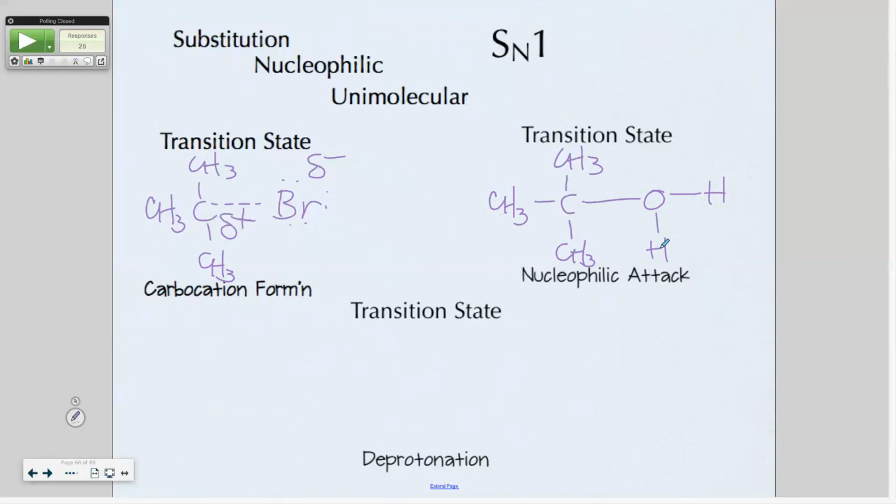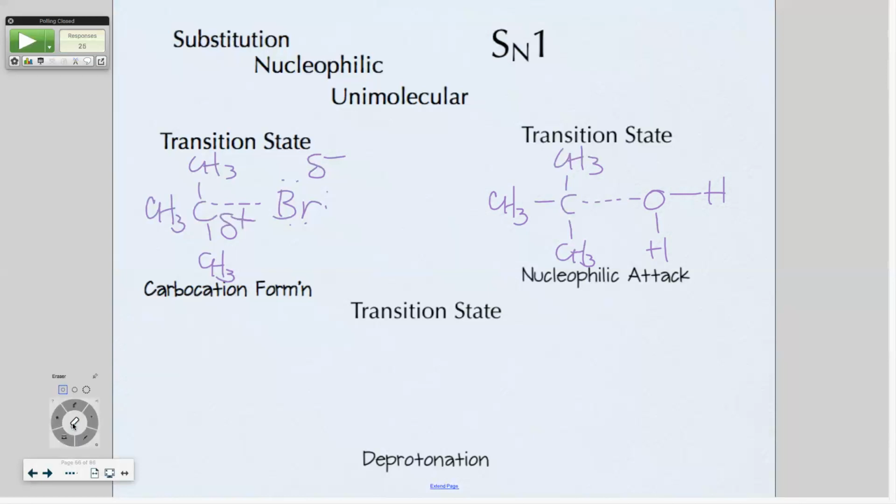The bond between the C and the O. This is my bond that's forming. So in the transition state, we're in between. Transition states are in between.